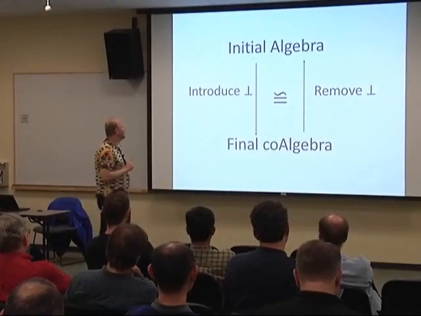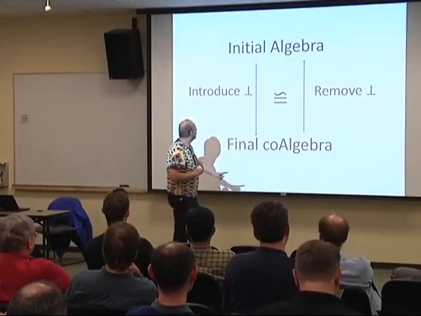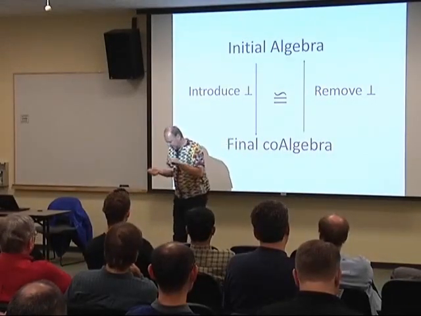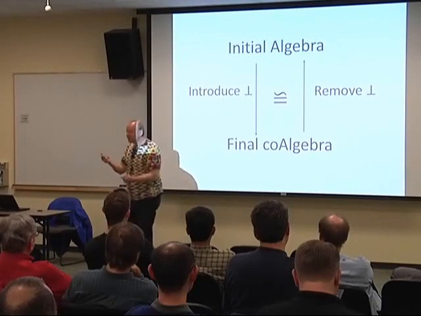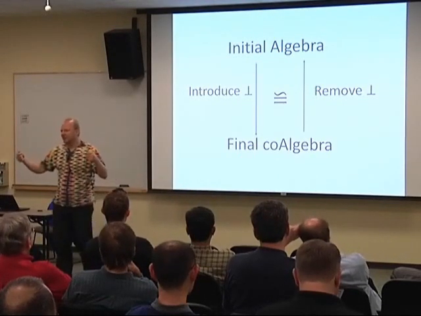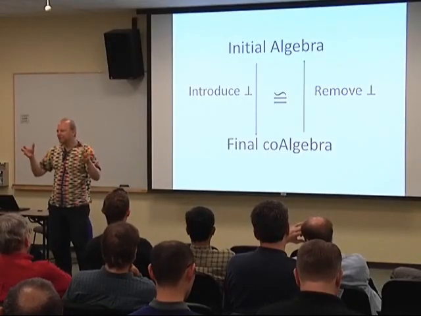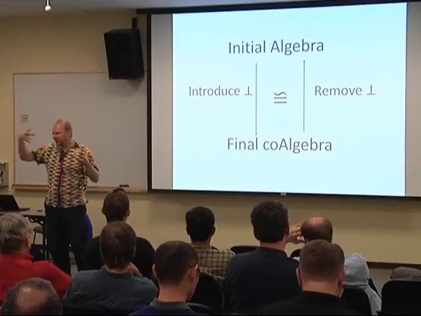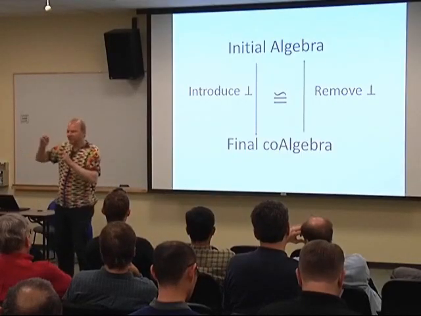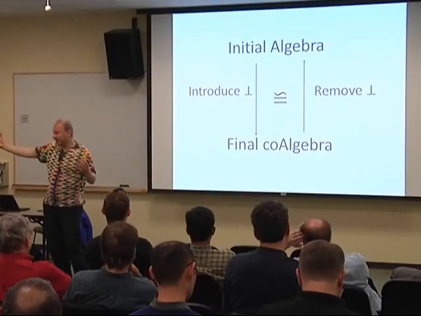But there's one thing that I want to notice here, that these initial algebras and final algebras, one was finite and the other one was infinite. So now if I want to move between them, I have to deal with non-termination. If I have something finite and I must make it infinite, well, I need to add some magic because I'm going from finite to infinite.